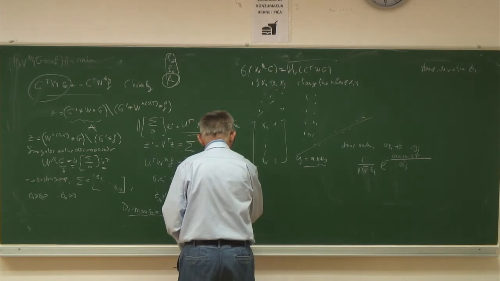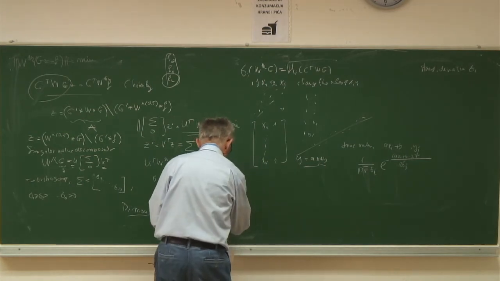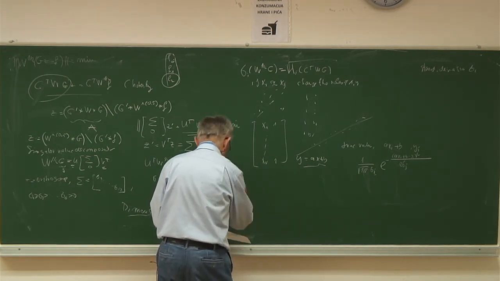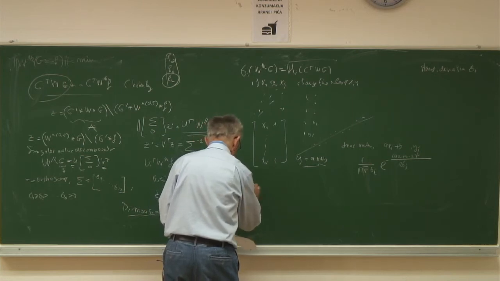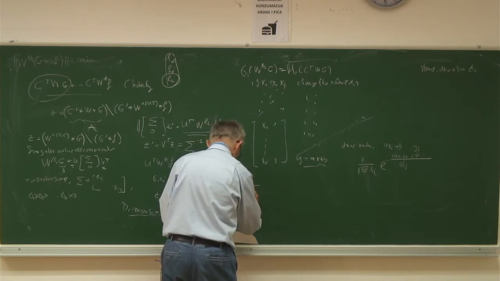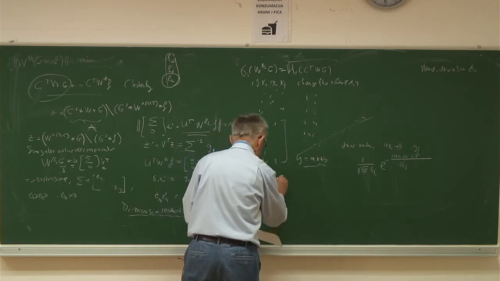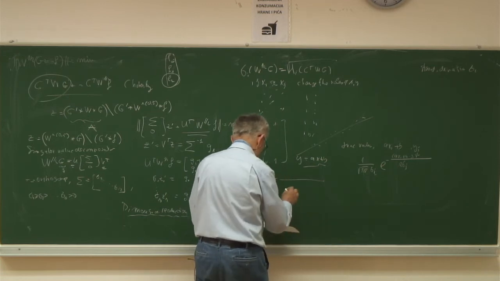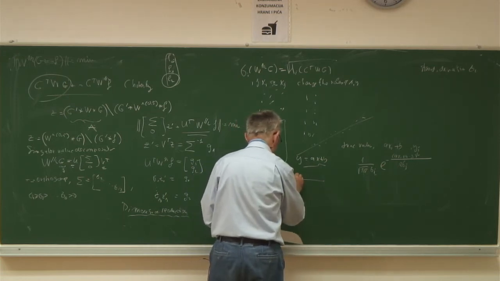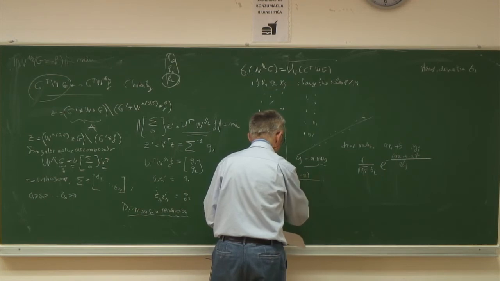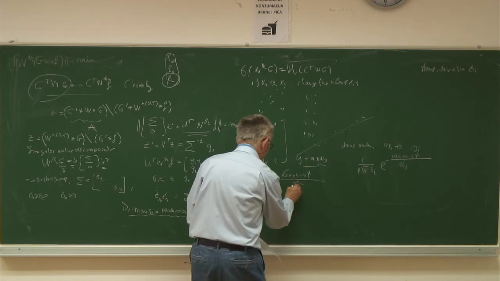So this will be the product for i equal to 1 to n of 1 over square root of 2 pi sigma_i times e to the minus (a x_i plus b minus y_i) squared over 2 sigma_i squared.